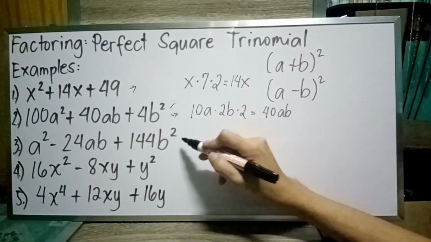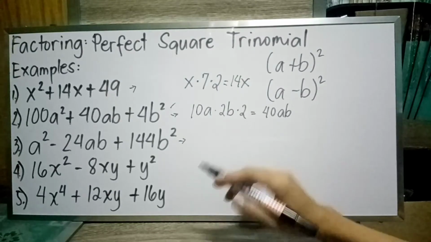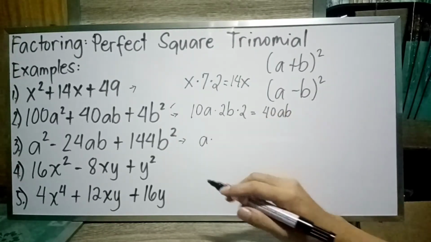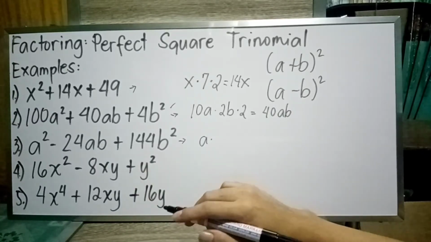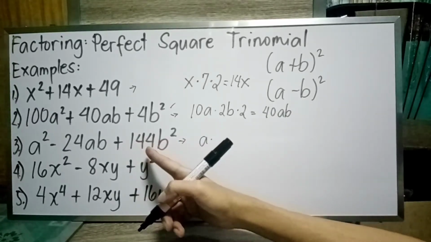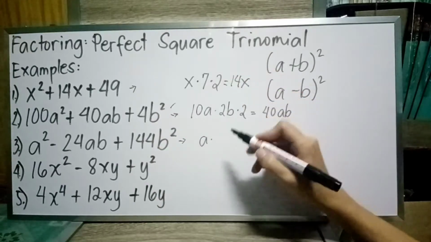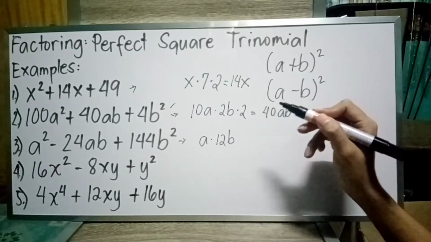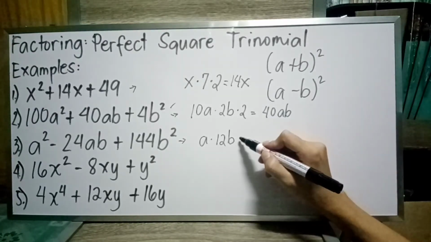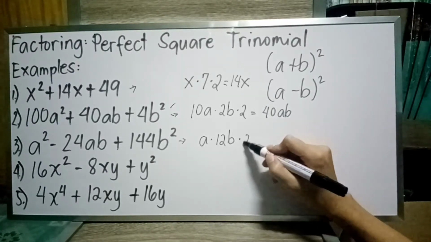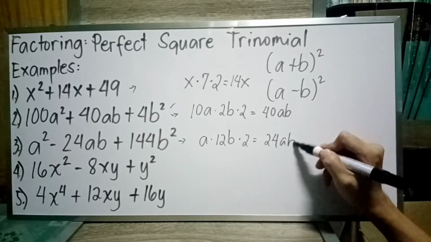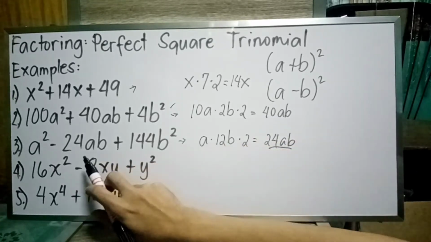Next, get the square root of the first term, a squared, that is a, times the square root of the last term, 144b squared, that is 12b. Multiplied by 2, that is 24ab. 24ab is the middle term.